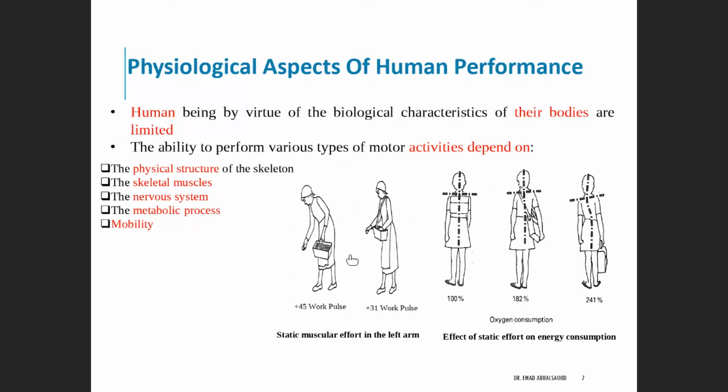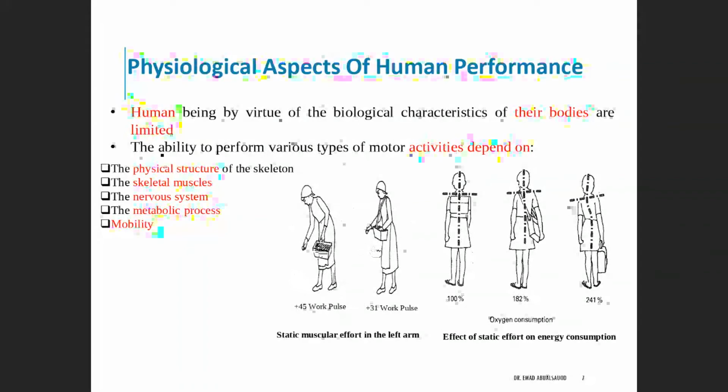Here also there is static muscular effort in the left arm, if you see the left arm here, when they are collecting, maybe in the farm, harvesting the crop, holding the basket in your left arm in this way. It will be a harder work pulse for the body compared to when it's hung on the shoulder.